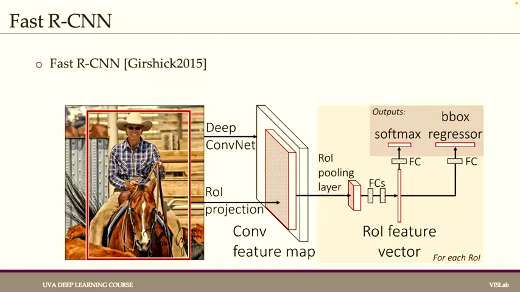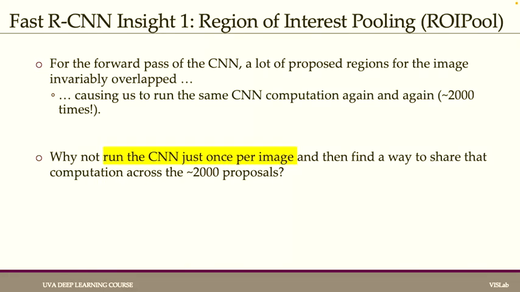So the next innovation was Fast R-CNN. The architecture looks as follows. The first insight was ROI pooling. The idea is, for the forward pass of the CNN, remember we're getting like 2,000 of these boxes, which look like this.